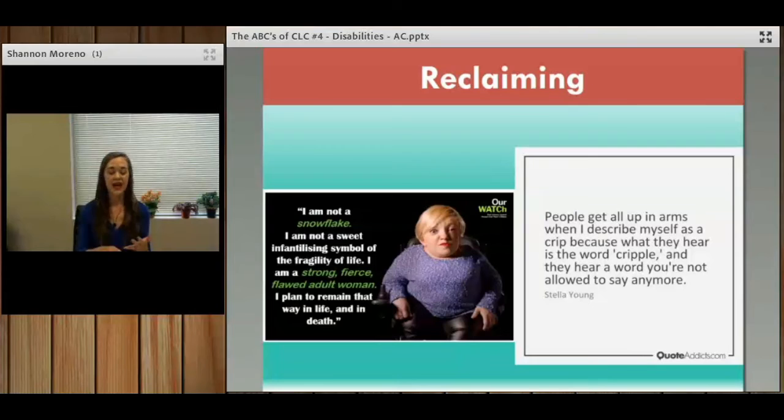So if someone calls themselves XYZ, and it's simply because they were never given the memo that that's not the best way to phrase things, and they don't necessarily care, and it's not like they are embracing it, then that is certainly something you want to have a conversation about and see how they're doing with their own journey of understanding what having a disability or being disabled means to them, how they view that, and whether they have the social supports in place to have that emotional support and learn how to, depending on how they view things, either live with their disability or live in a world that is not structured in a way to make functioning very easy with their disability.